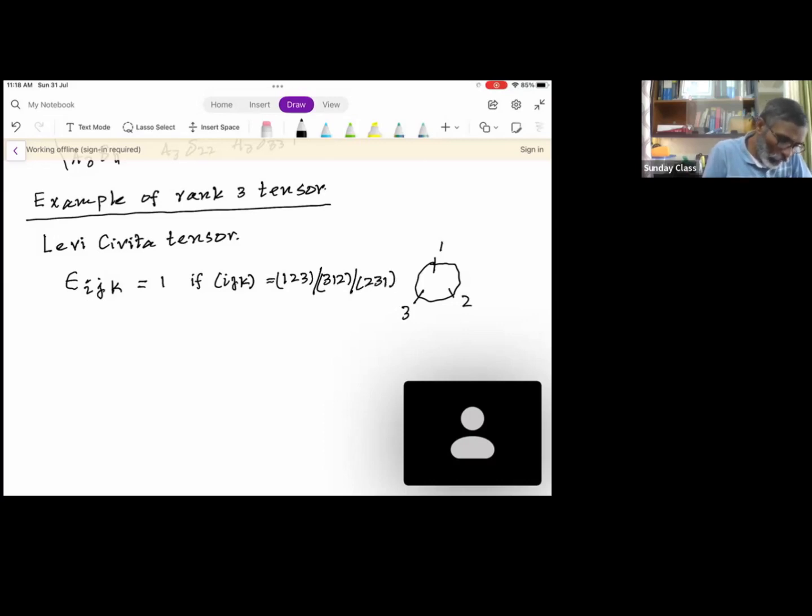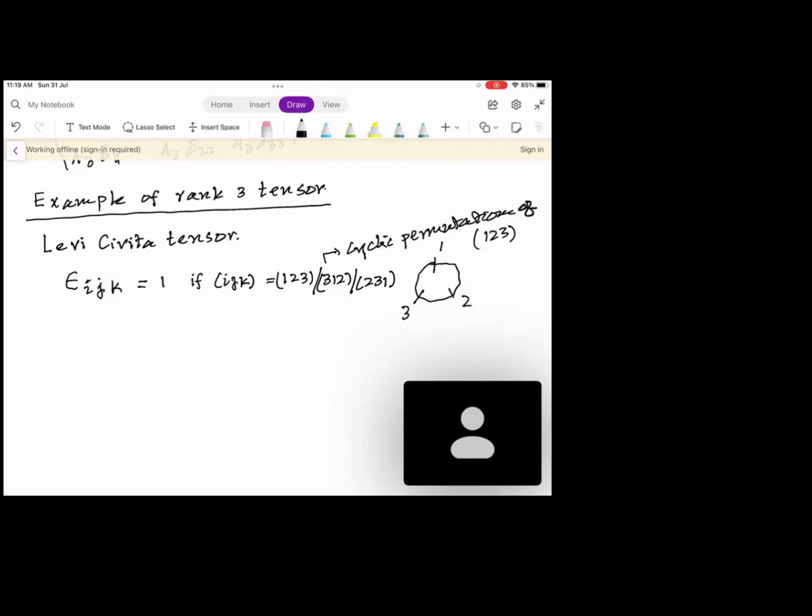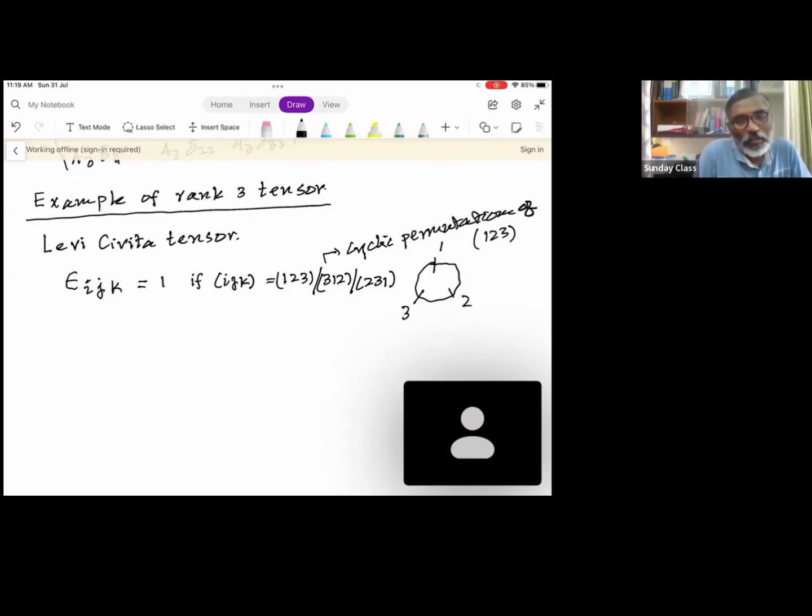These three are cyclic permutations, just like I am starting from 1 and going to 2, 3, or starting from 2, 3, 1, or from 3, 1, 2, only in one direction. If I go in that direction, I will get these 3 values.